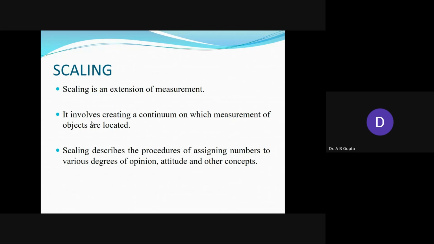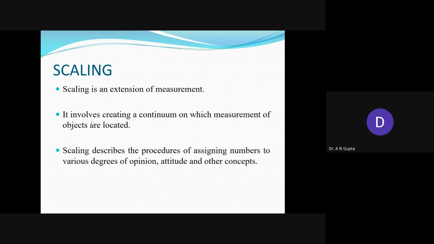I want to get the opinion, I want to get the attitude of some people. I want to know what they think about a certain thing, and I want them to assign a certain number corresponding to their opinion, corresponding to their attitude. They value something. They do not value something else. So I want them to assign a number corresponding to the value they attach to a certain thing. So that is called scaling.